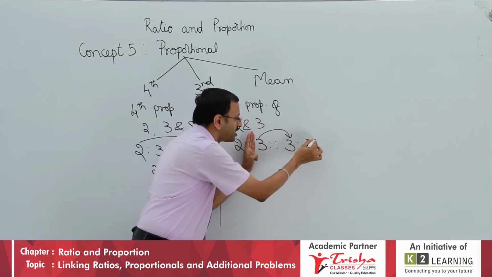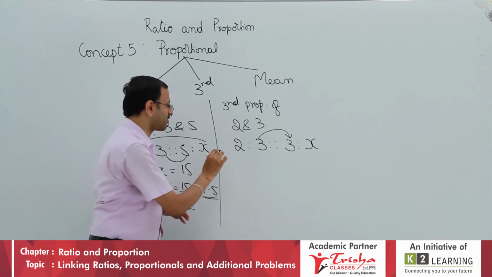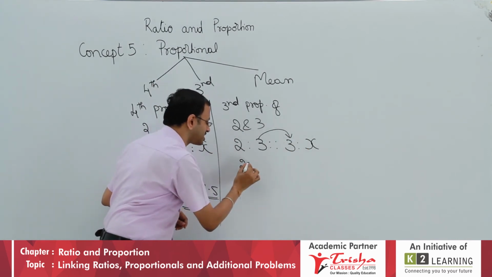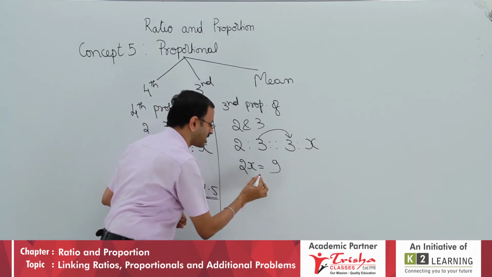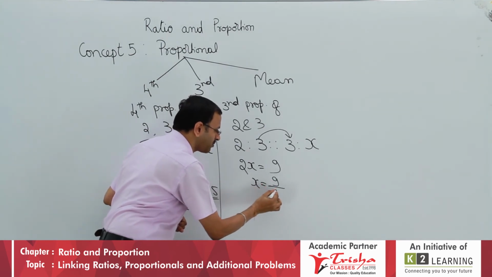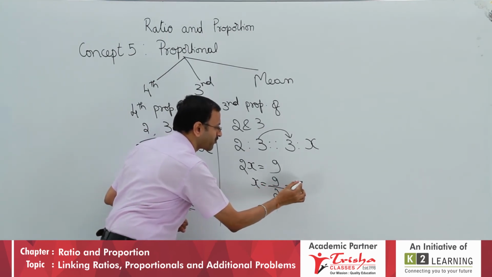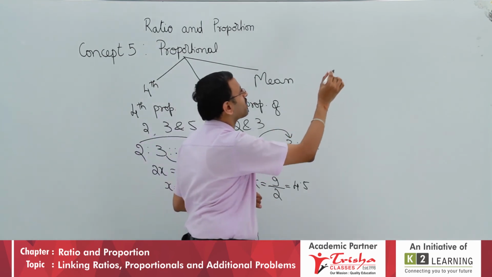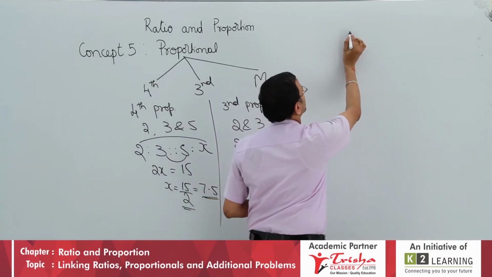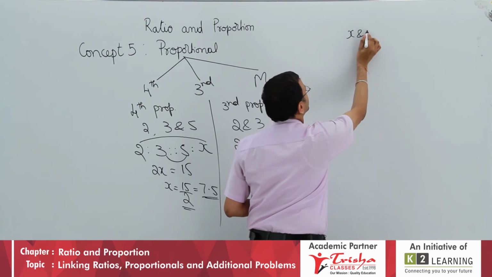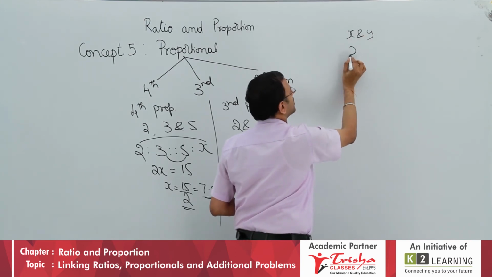What is the last number? That is x. Solving, 2x is equal to 3 × 3, which is 9, x equals 9 by 2, or 4.5.